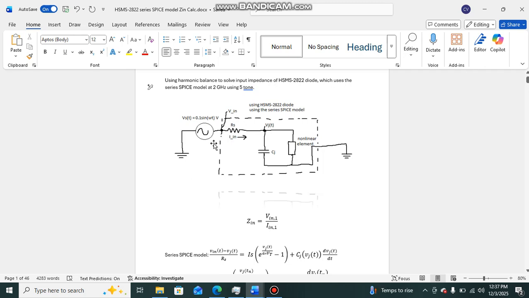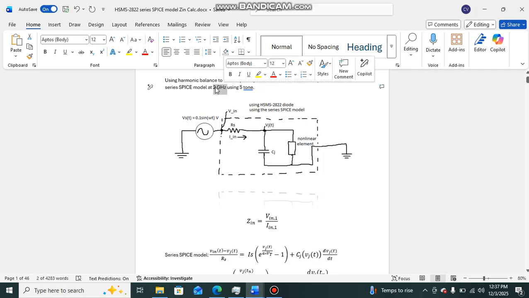So what is a mixer? A mixer can either up convert or down convert frequency. And why would you want to do that? Because receiving a signal with a modulated signal at 2 gigahertz would be very difficult to obtain the message signal at that frequency. To create a circuit like that would be very difficult.